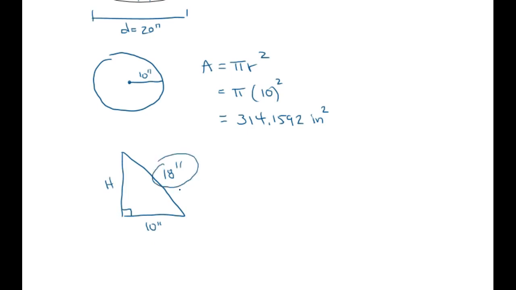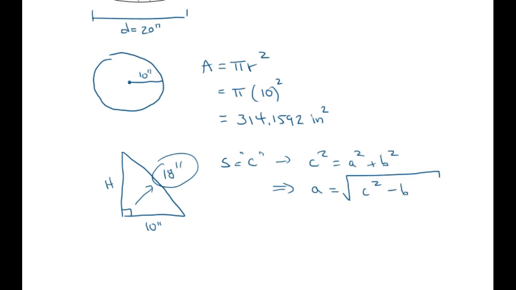Just watch carefully that we do know the hypotenuse, so it's the altered version of Pythagorean theorem. So our slant height is going to be equivalent to our C value for Pythagorean theorem. Remember, C squared is equal to A squared plus B squared, which means we can change that up a little bit, and A would be equivalent to the square root of C squared minus B squared.